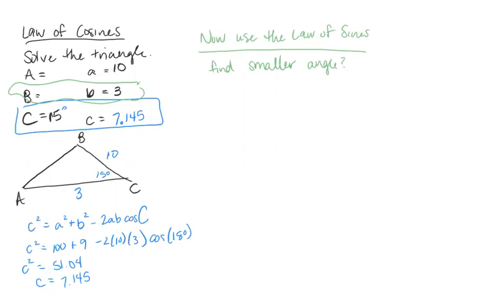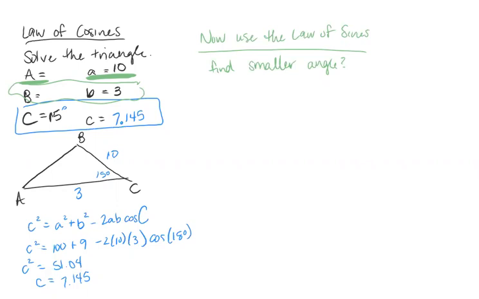So if there was an obtuse angle in this triangle, it would go with the largest side. So if there was an obtuse angle, it would be angle A, and the law of sines would not give that to me. So I'm going to use the law of sines to find angle B, which I know is acute, and then I'll use subtraction to find angle A, which is probably obtuse because angle C is so small also.